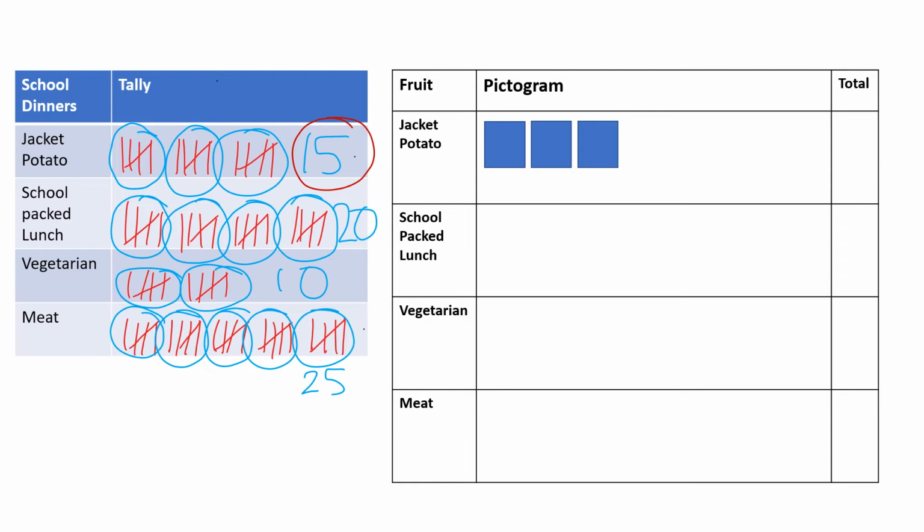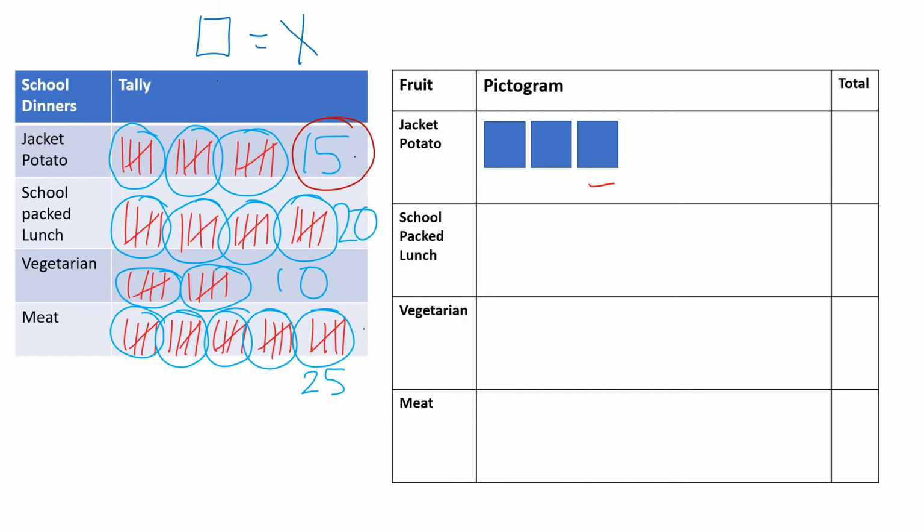So definitely the key isn't 1. So what could it be? Should we try 2? So if each one is 2, should we see if it makes 15? 2, 4, 6. No, that doesn't work either. So it's definitely not 2 either.